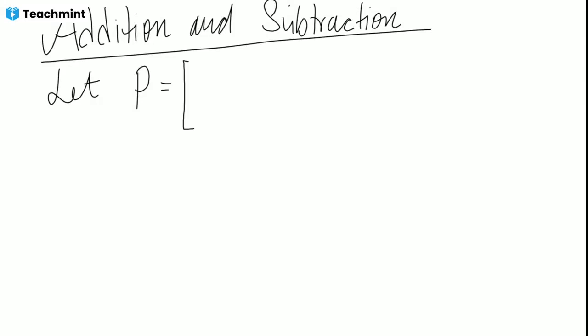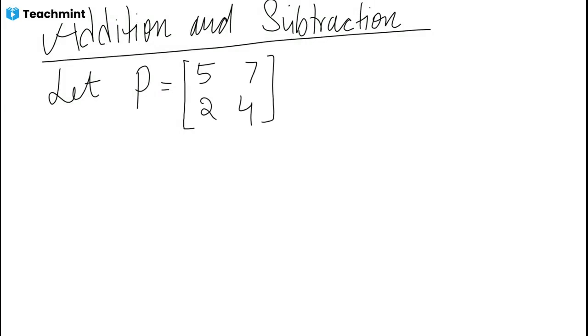To add or subtract matrices, we must have matrices of the same order. Only then can we add them. So let us take matrix P having elements 5, 7, 2, 4, and matrix Q having elements 3, 5, 1, 2.